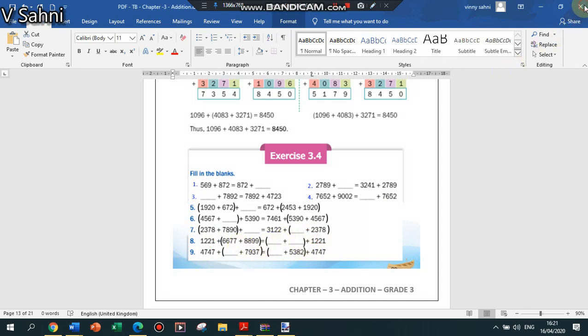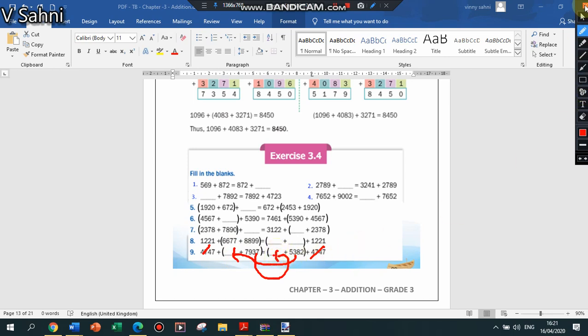In the next question, 4747 is here, 4747 is here. So now there is a blank here and another number here. 5382 will come here and 5937 will come here. Is it clear? This number you can write here and this number can be written here.